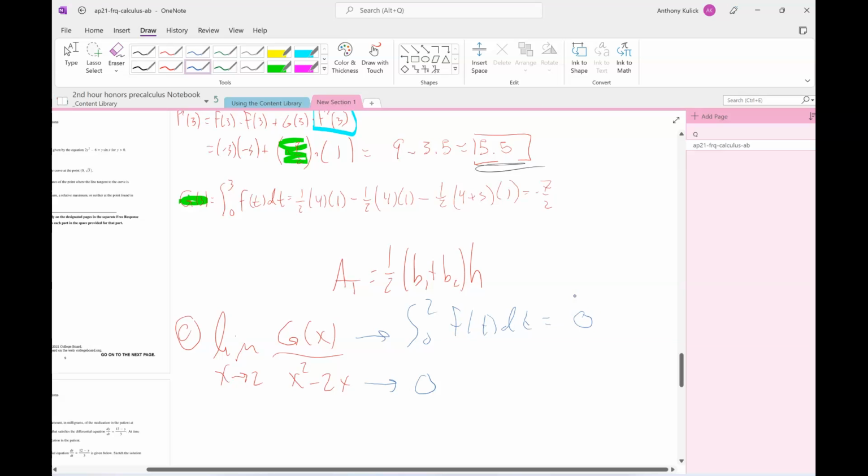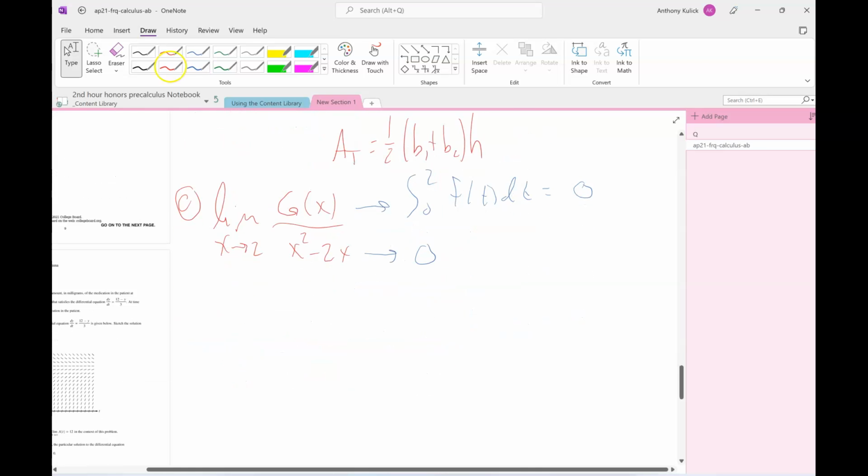What do we do when we get 0/0 in a limit? L'Hopital! What is L'Hopital's rule? It's going to be equal to the derivative of the top and the derivative of the bottom. Which is great, because this is the same thing.